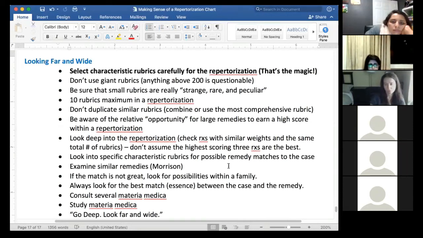Probably anything over 200 remedies is questionable. Be sure that small rubrics are really strange, rare, and peculiar, and it's not just somebody dreamed up a new way of writing a much larger symptom.